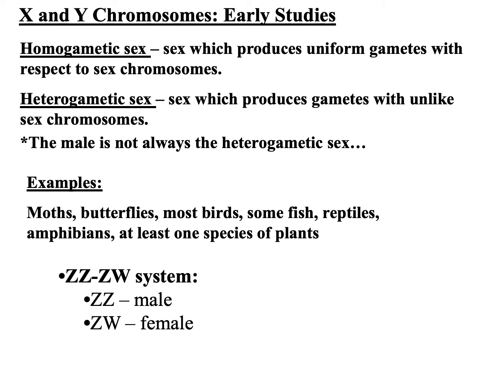And in this situation, the nomenclature changes and is referred to as ZZ/ZW. And this just differentiates from XX/XY to indicate that it is the females that are the heterogametic sex and the males are the homogametic sex. So that designation is listed here for you. Males have 2 copies of Z and females have 1 Z and 1 W.